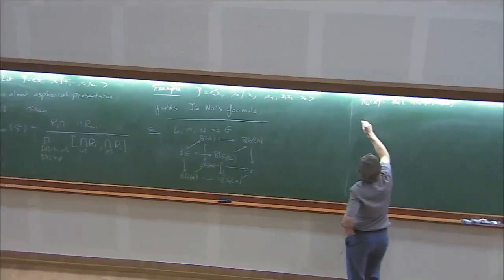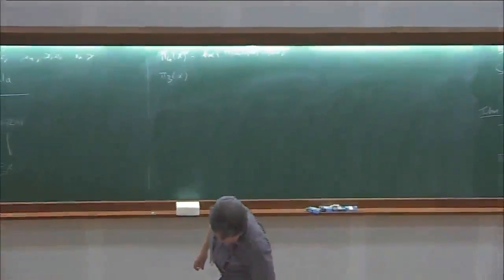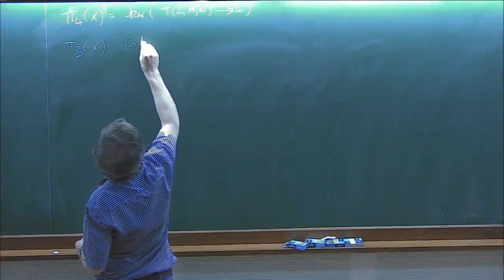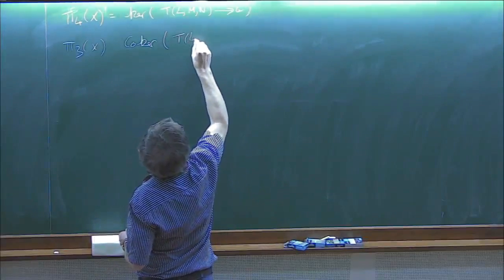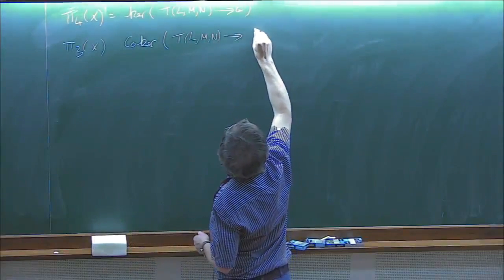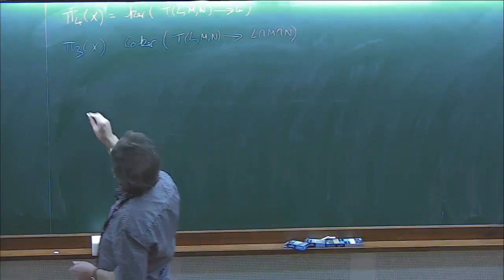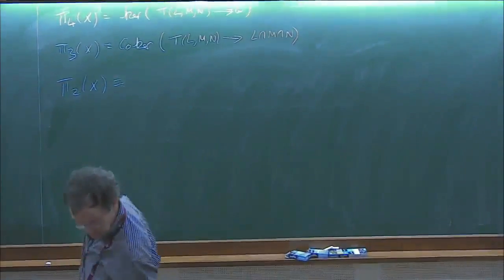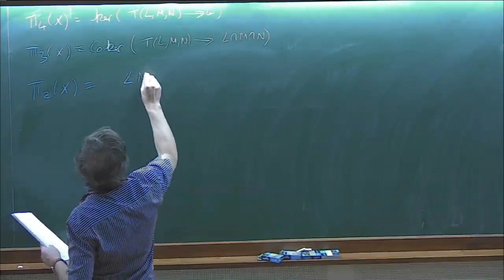And pi 3 of X is the cokernel of this map. So the quotient, well, actually, let me take the map, it's the cokernel of, if I take L intersect M intersect N, and then just for completeness, pi 2 of X, if you're interested in it, is this intersection.